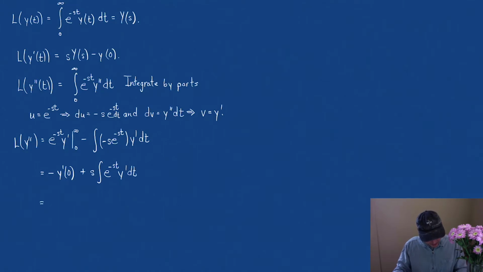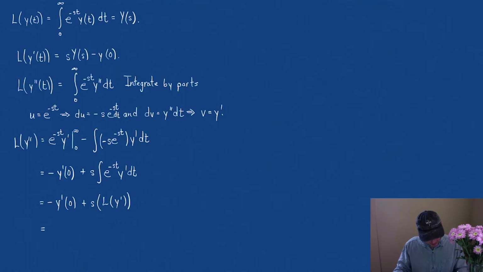This is equal to minus y prime of 0 plus s times the Laplace transform of y prime. That's its very definition.